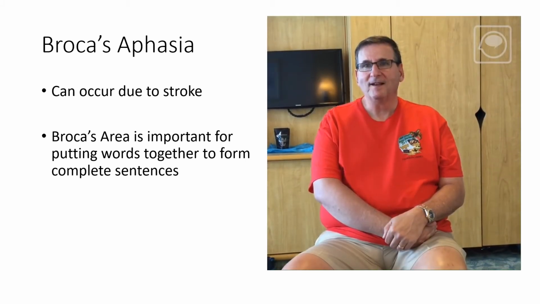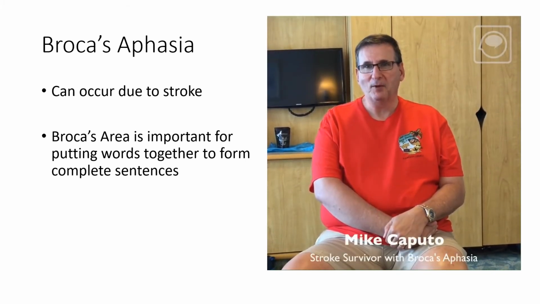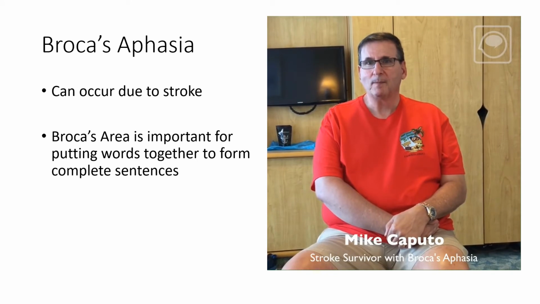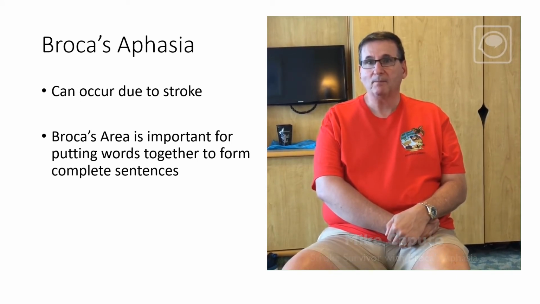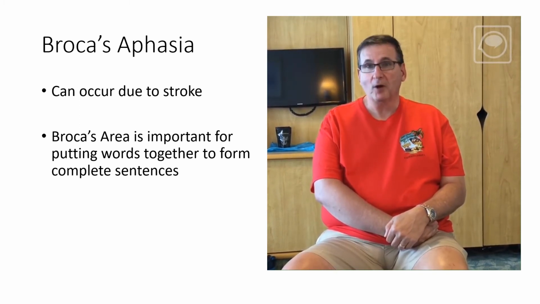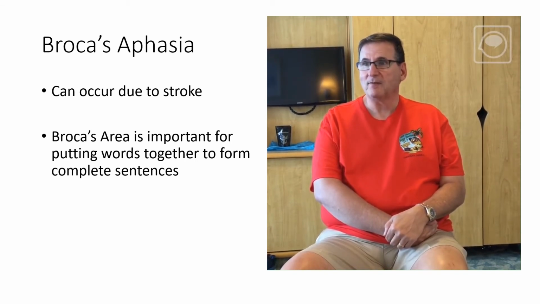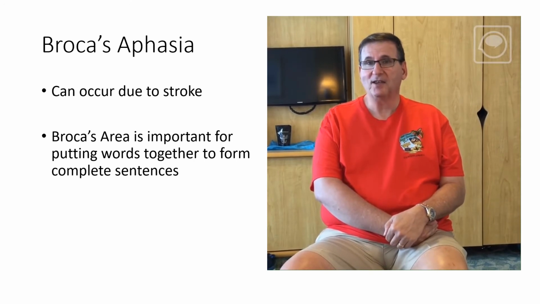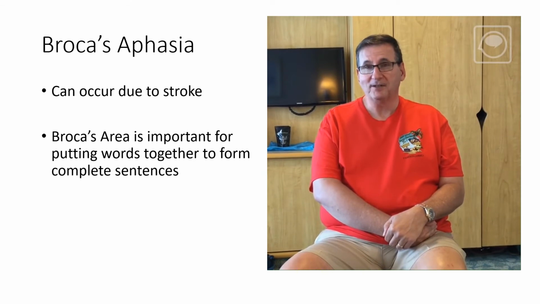Can you tell us your name? Mike Caputo. And Mike, when was your stroke? It was 7 years ago. Okay. And what did you used to do? Worked Autodesk, sales and worldwide, and very good, yeah.